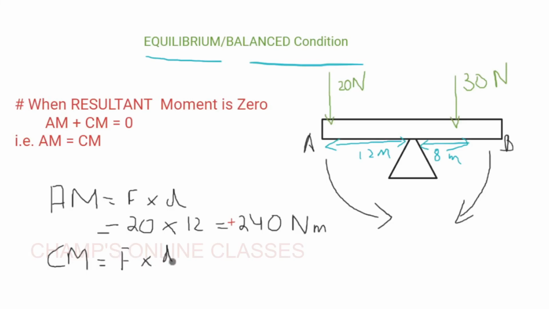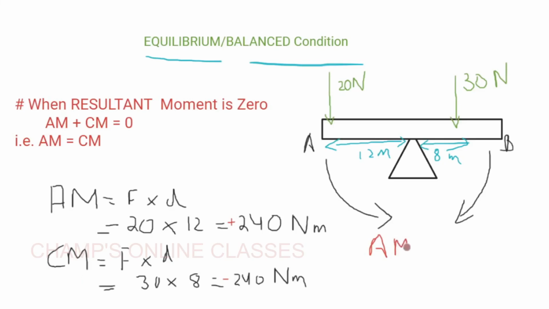F into D. Now, the force in this case is 30 and the distance from the fulcrum is 8. So again, this is 240 Newton meter, but the sign convention is negative, so it is minus. Here we can see, what is AM plus CM?